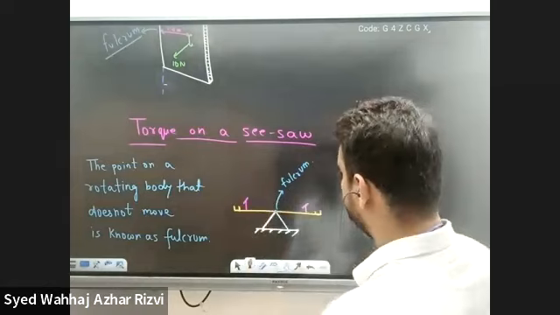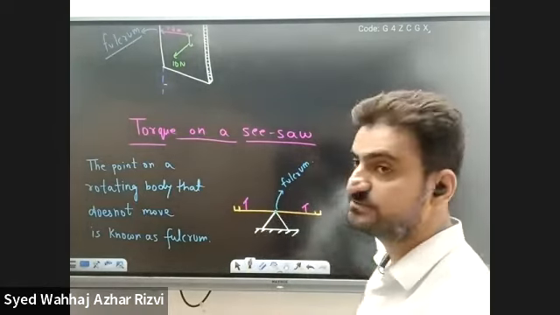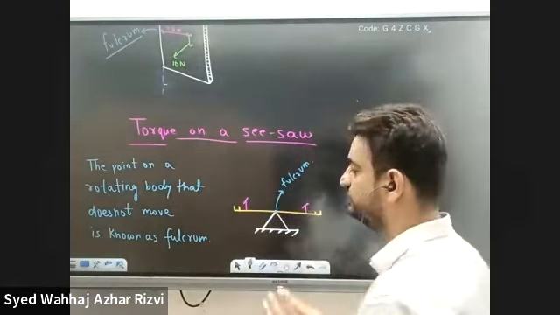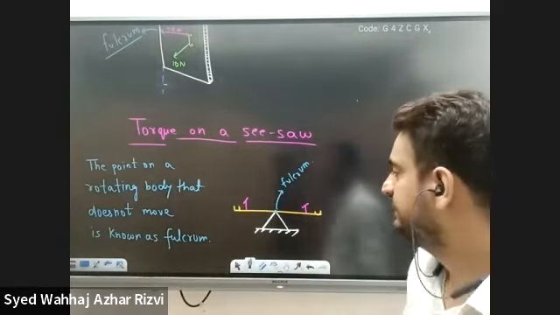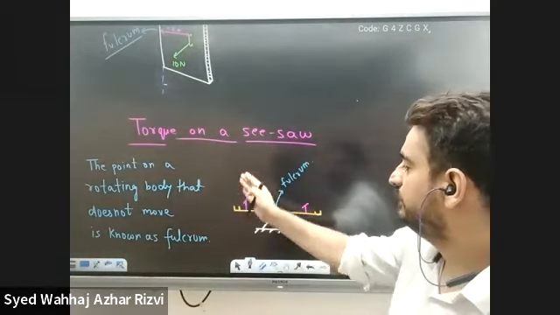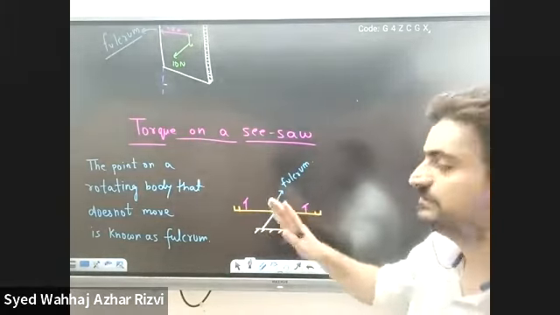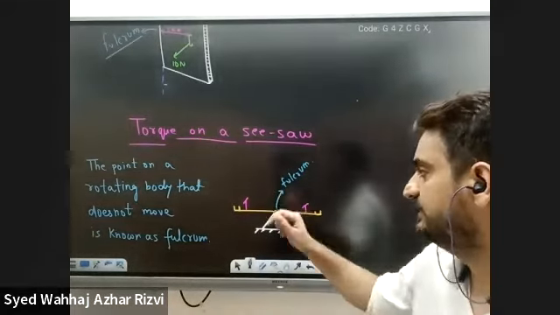So on this seesaw, you can see that this point is not moving at all. It is going to be in its own position. This may go up or down, this may go up or down, but this point will not move at all. So that is why we call this a fulcrum.